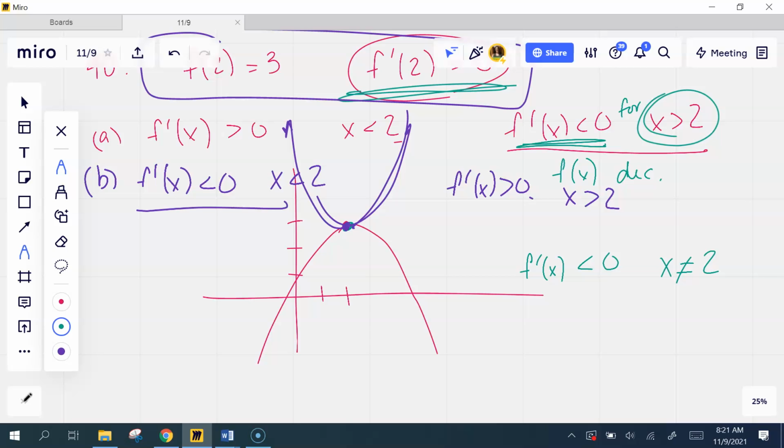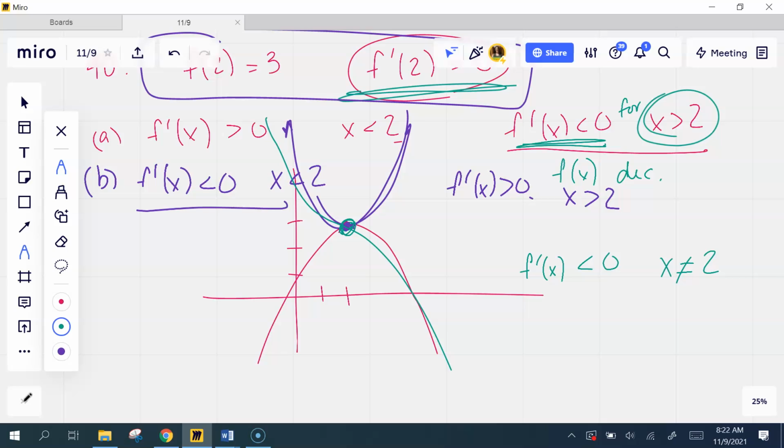This means the function's always decreasing, right? Because when it's not 2, so it can't be. So you're right, I think we would have to interpret that as a hole. So if it's always decreasing, it looks kind of like a cubic that doesn't have any defined maxes or mins, and I would say undefined there. I would have a hole there.